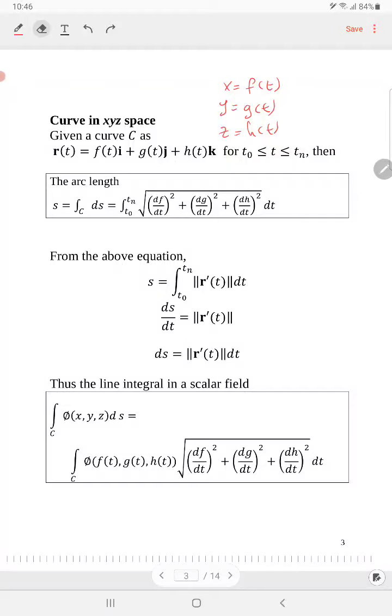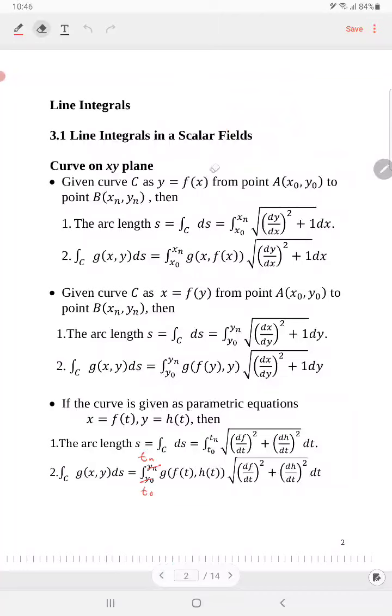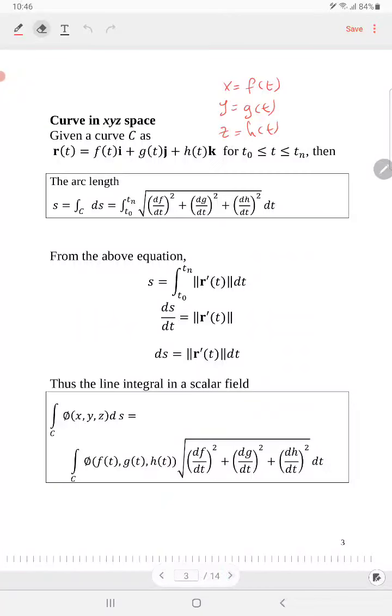Okay, so for the line integral of a scalar field in xyz space, you have no choice. You have to change everything in terms of t.